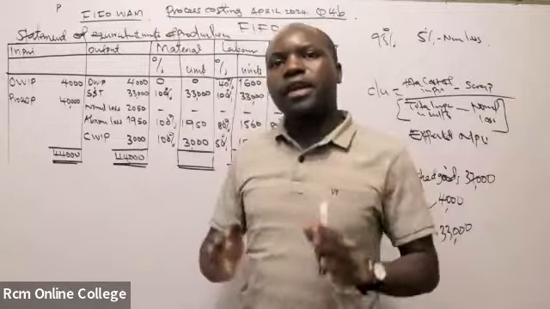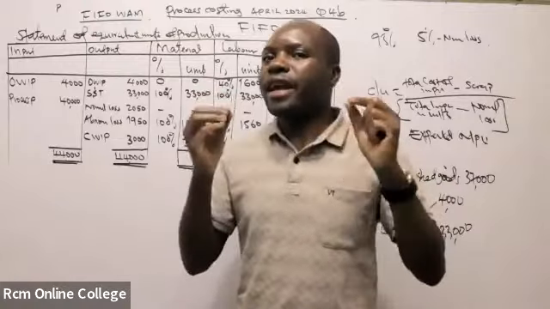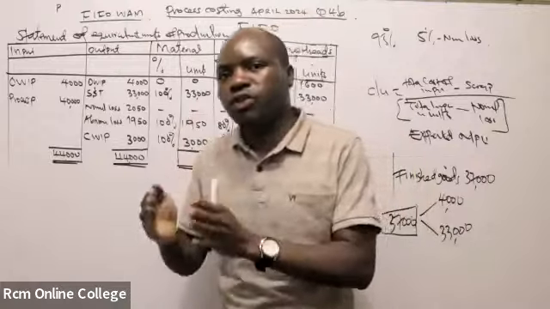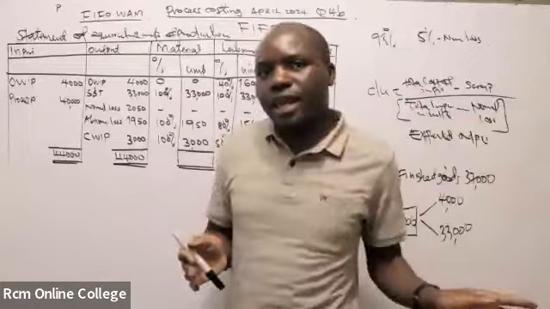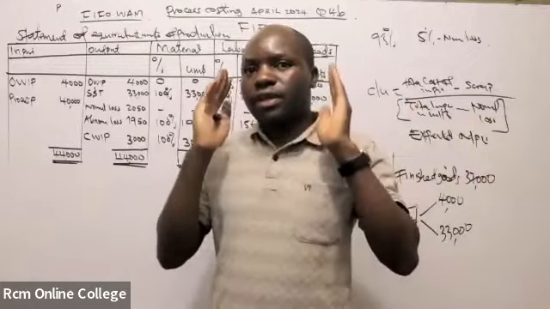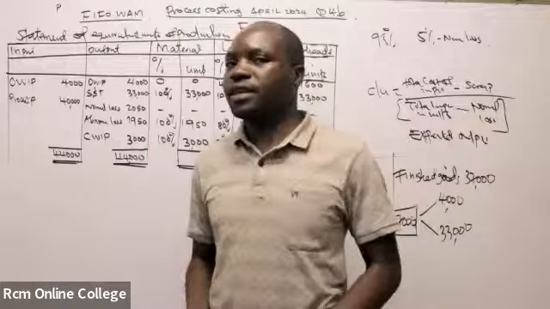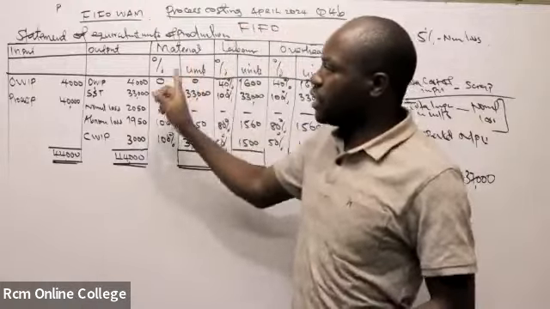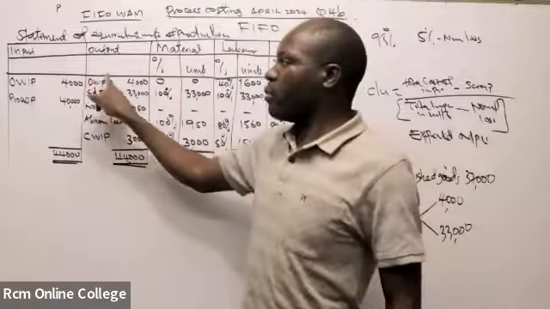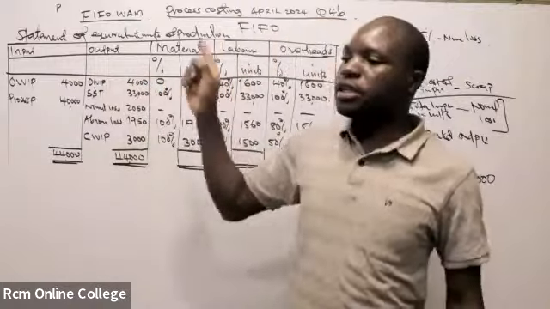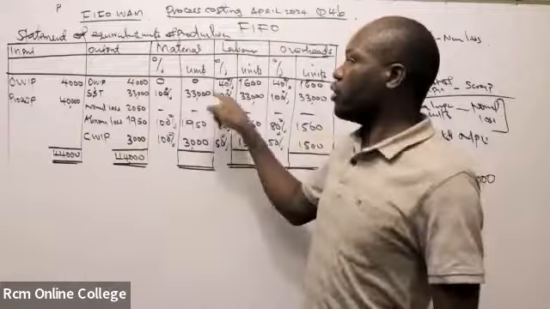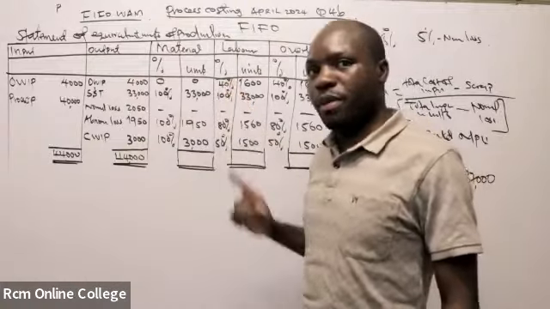Our main aim here is to get the expenses incurred during the current process. What was incurred yesterday will not form part of our today's production expenses. That is why if material was 100% complete for the opening work in progress, we are completing nothing. 60% was complete in the previous process. We are only completing the remaining 40%.